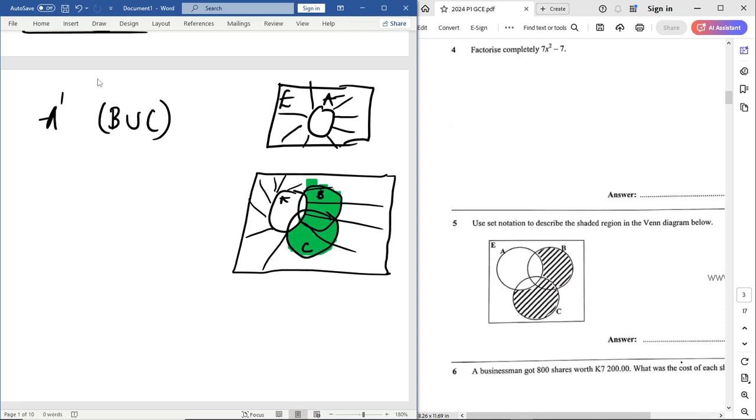And B union C is the only thing that's being shaded. So this simply gives us the intersection of the complement of set A, which is everything that is outside A, and the union of the two sets B and C. So describing this set in set builder notation, we simply have A complement intersection B union C.